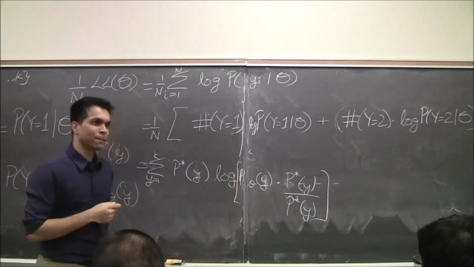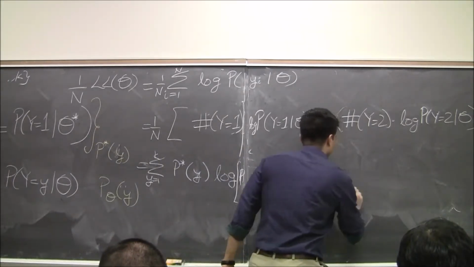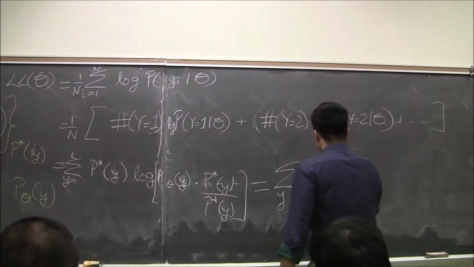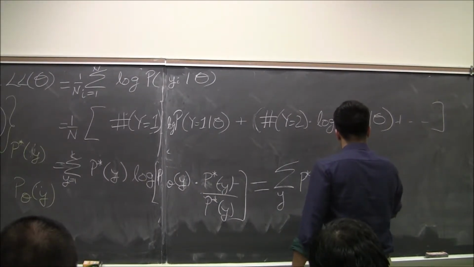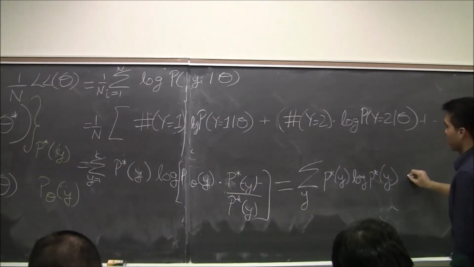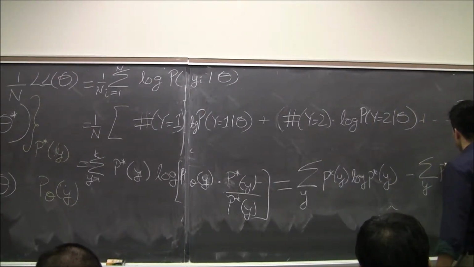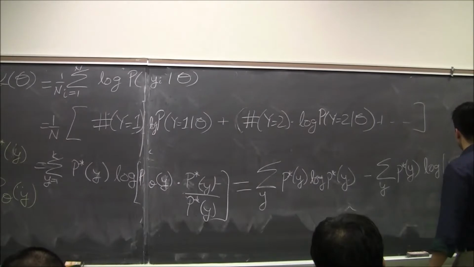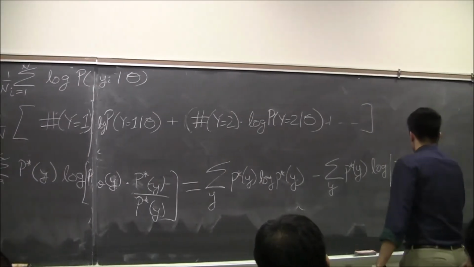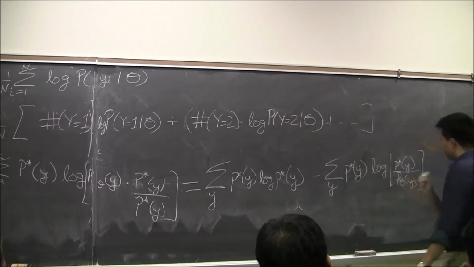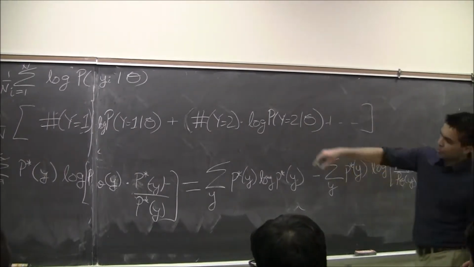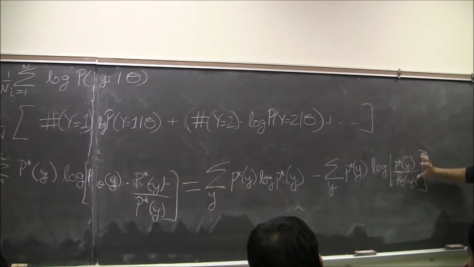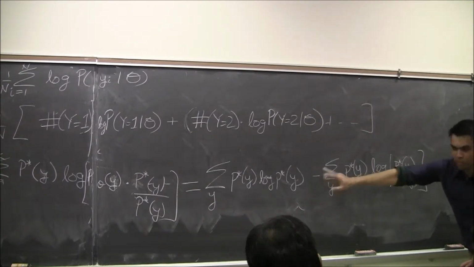So this becomes summation over y of p star of y log p star of y, minus summation over y of p star of y log of p star of y divided by p theta of y. I just took this one term and put it here. The other two are sitting here, except in the flipped order, and I added a minus.